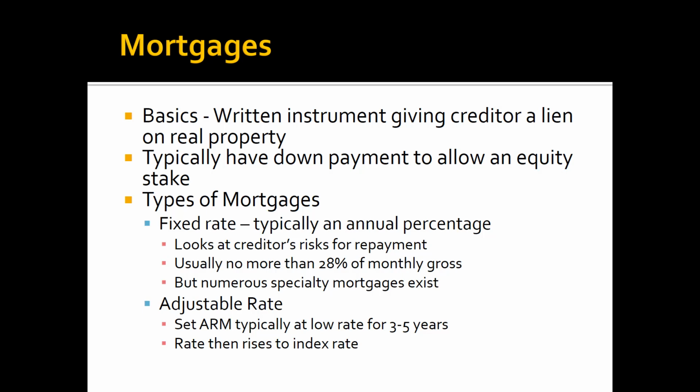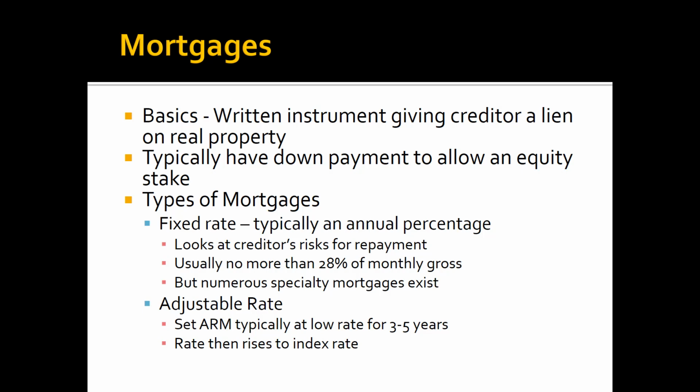Basically, it gives a creditor, usually the bank, a lien on real property. Now, they go by different names in different locations. Usually there is a promissory note, which is a piece of paper that says how much money you owe. And that promissory note, and I'm going to show you an example of that in a little bit, is secured by a deed of trust. And together, that's usually what's called the mortgage.